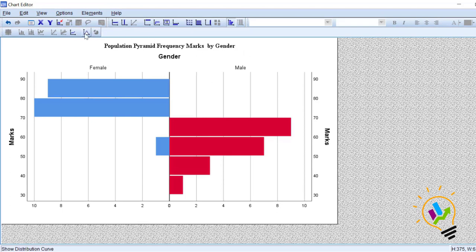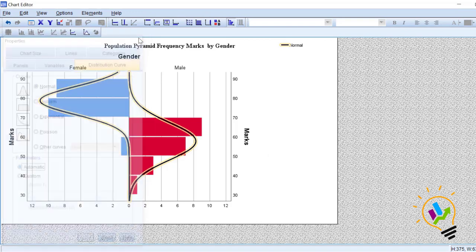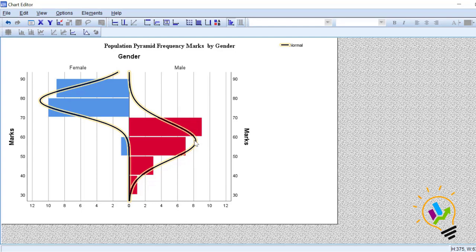Okay, now let me draw one normal distribution curve for both. Now we can see for female we have drawn one curve, and for male also we have drawn one curve. Now let us see the means. We know that the female mean is near to 80, whereas male group mean is near to 60.